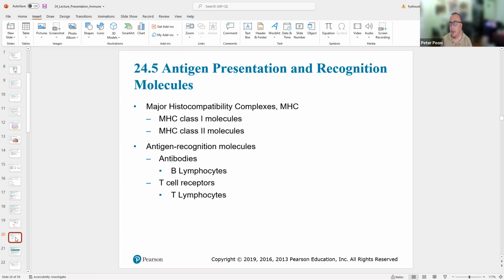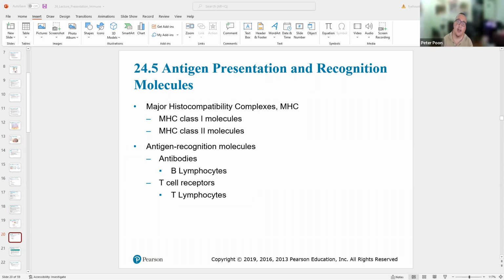The major histocompatibility complexes, or MHC, have two classes: MHC class 1 and MHC class 2. The difference is actually their function. MHC class 1 is expressed by all nucleated cells, so everything except red blood cells.